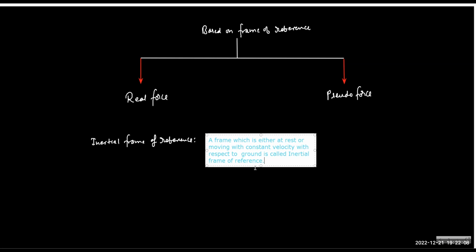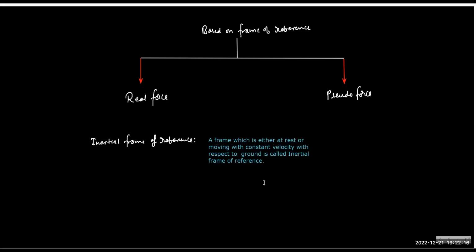So a frame which is either at rest or moving with constant velocity with respect to ground is called an inertial frame of reference. You can remember it this way: the inertial frame is the frame which maintains inertia. So what is a non-inertial frame? Tell me quickly, what is a non-inertial frame? One which does not maintain inertia.